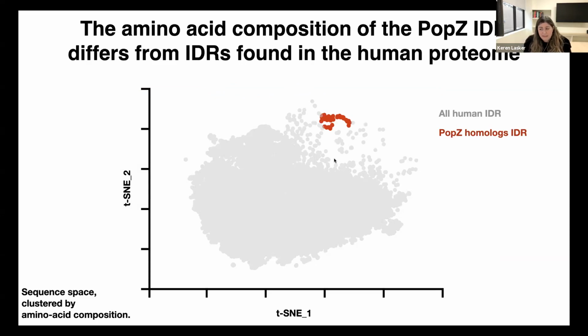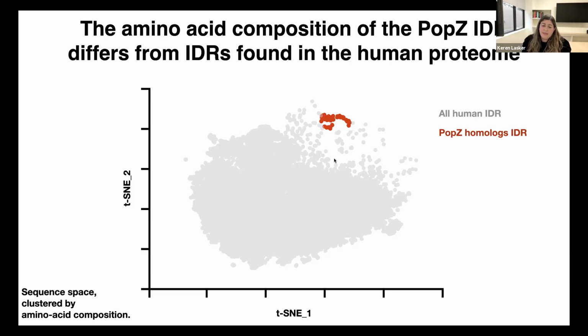So if we started to look at the amino acid composition of the POP-Z IDR, and this very high percentage of prolines, around 25% of the linker is prolines, and 25% of the linker is negatively charged residues. This looked to us quite unique.